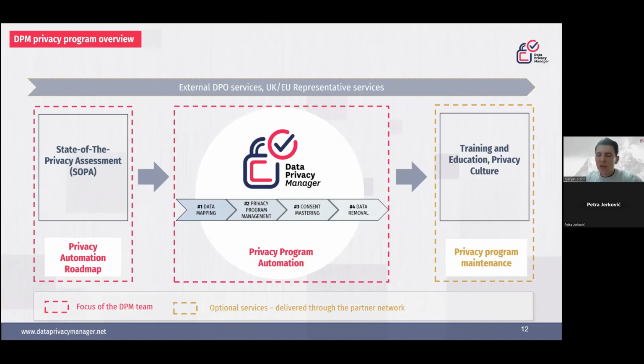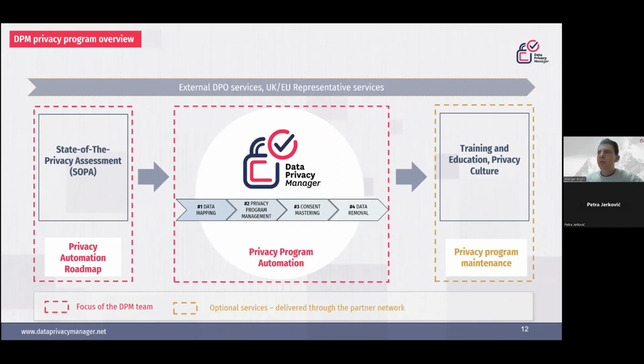We use the NIST privacy framework to make sure that every area is covered. And the result of the state of privacy assessment is that very quickly you have a roadmap for automation. You know where you're thin, where your risks are, and what you need to do. And then we provide the automation.